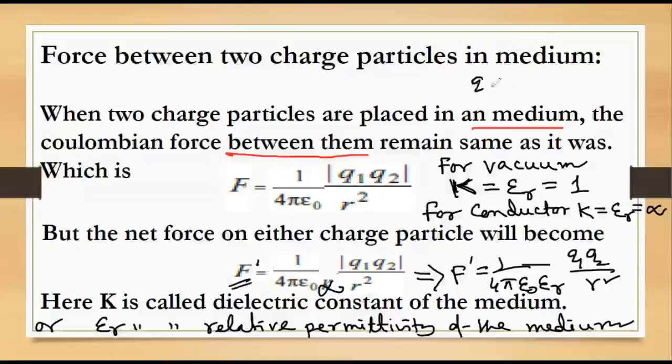Say this is a point charge and this is another point charge, and these two charges are kept in iron. So what is the force between them? Answer is 0, because K is infinity. That is why the K value or epsilon value is infinity.